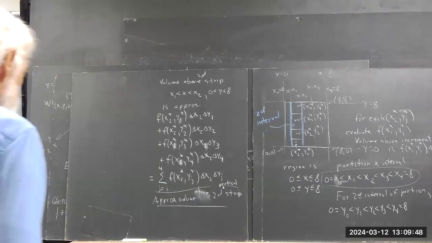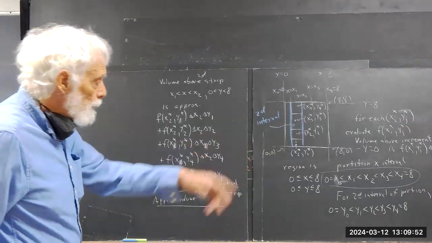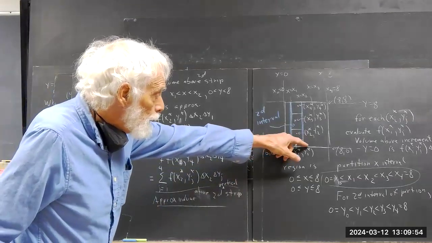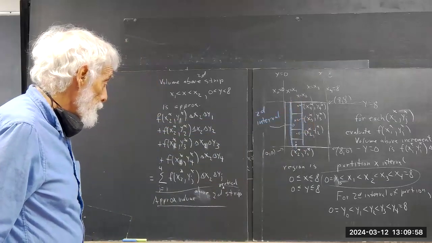For the third strip, you could just kind of do it by rote. The only thing that's going to be different from the second strip is you're going to have x3 and y whatever, right? Okay.